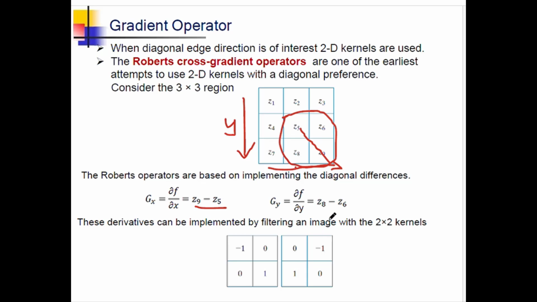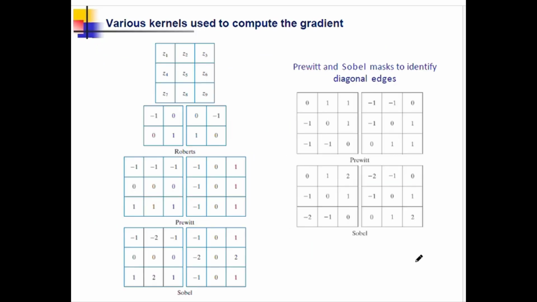And for this it is Z8 minus Z6, so it is minus 1 and 1. This is the gradient operator for diagonal edges using Roberts cross gradient operators. These are the various kernels used to compute the gradient. As explained, these are the Roberts kernels for this 3 by 3 region. These are 2D kernels.